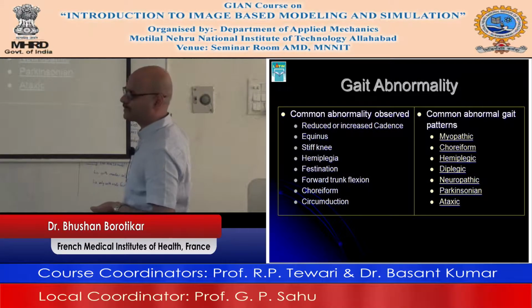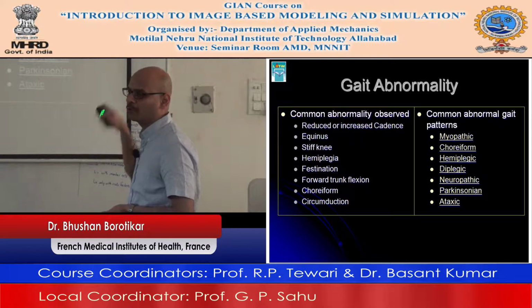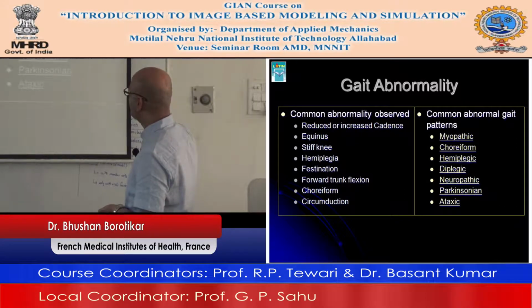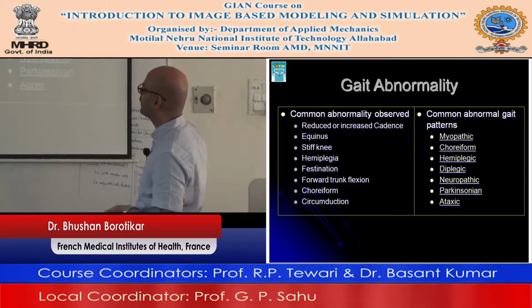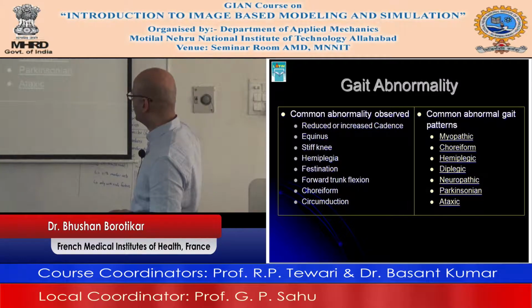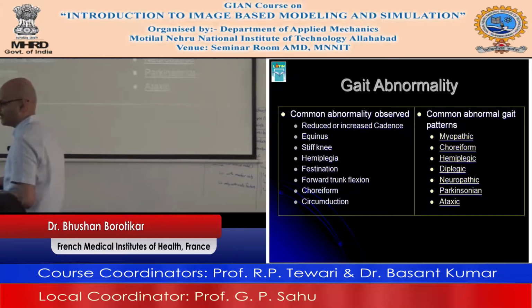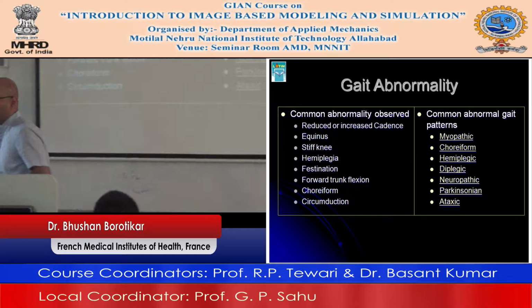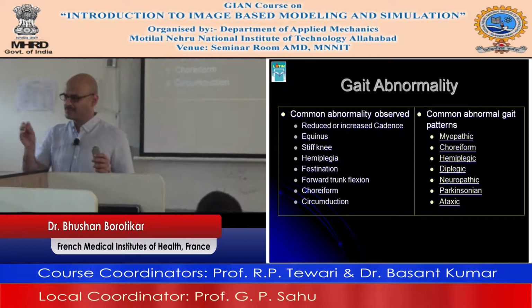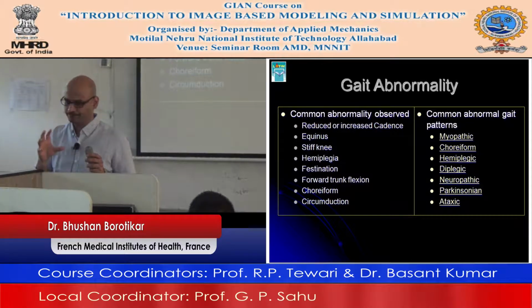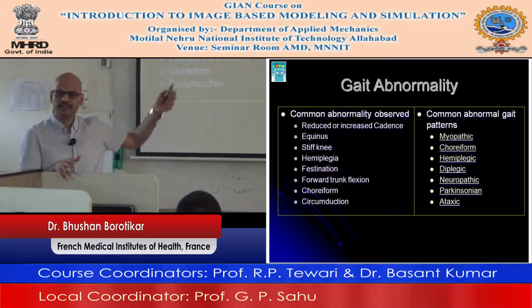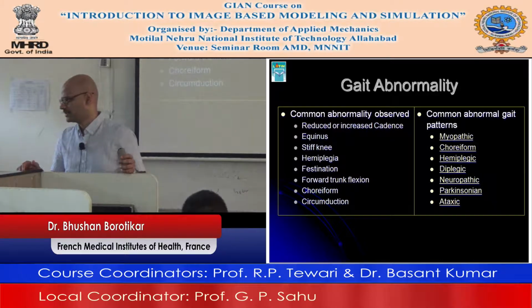And then there are specific definitions of gait abnormalities: myopathic gait, choreoform gait, hemiplegic gait, diplegic gait, neuropathic gait, Parkinsonian gait, ataxic gait. Each of these abnormal gait patterns has a specific symptom that a clinician can recognize and categorize.